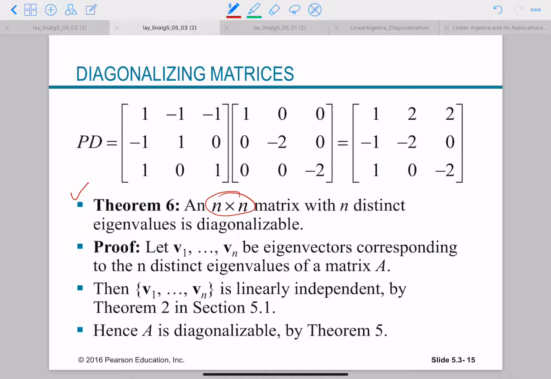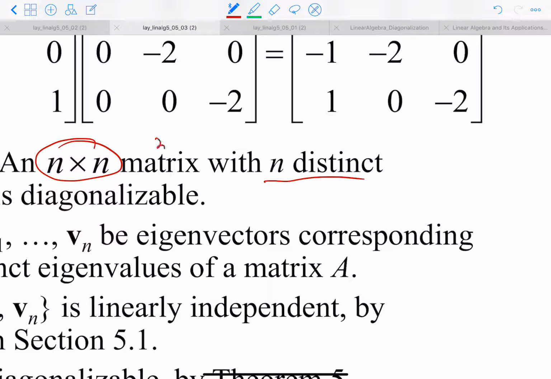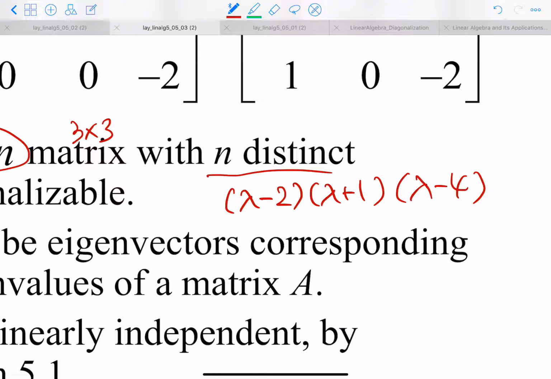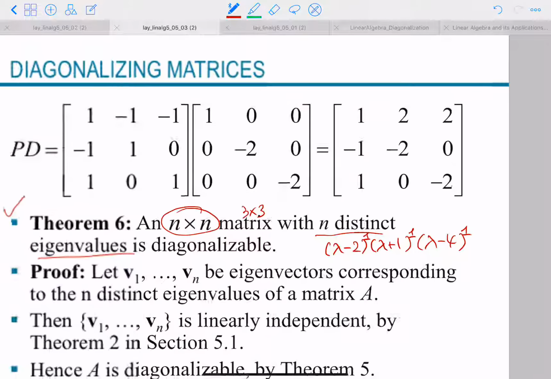So we are given an n by n square matrix, and let's imagine its characteristic equation, and suppose it has all n distinct eigenvalues, which means, given maybe a 3 by 3 matrix, we have lambda minus 2, lambda plus 1, and lambda minus 4, and all the algebraic multiplicities are 1s. So we consider this kind of situation.